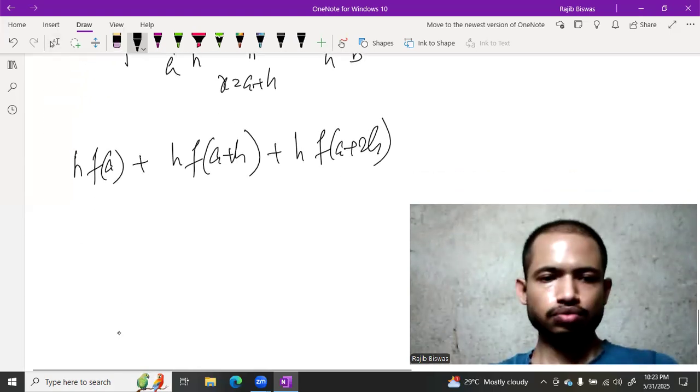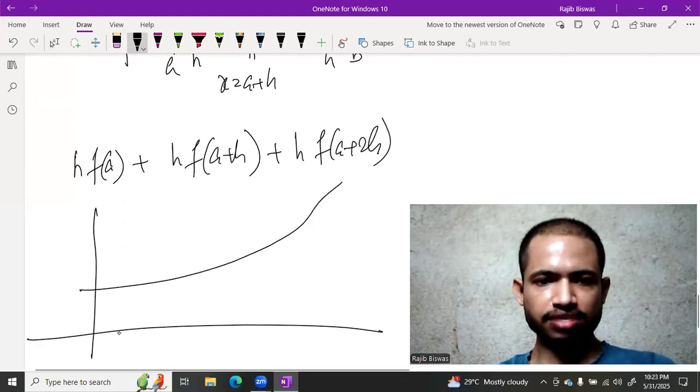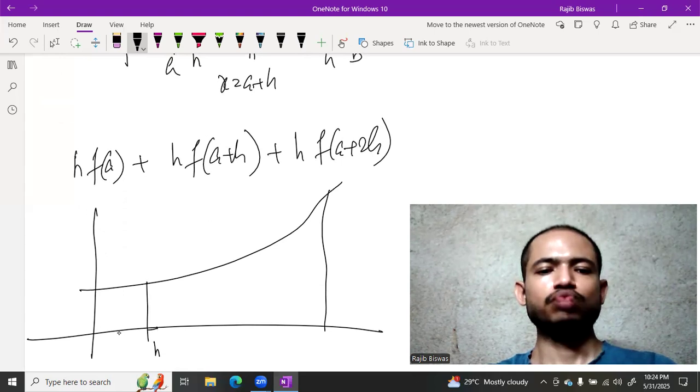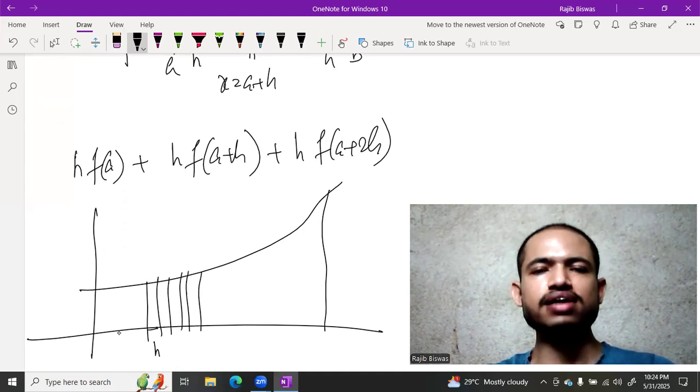So we will take n subintervals of equal length h, and we'll make n approach infinity. So ultimately there will be infinite rectangles of equal width h.